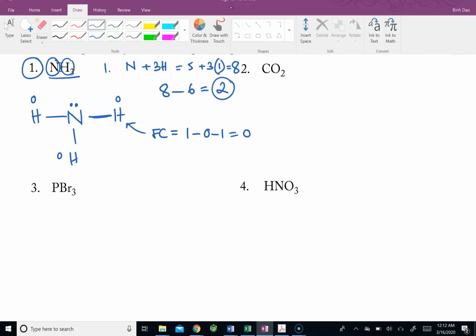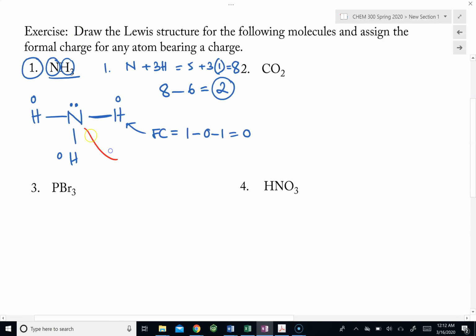As for our nitrogen, the FC equals 5 for nitrogen minus 2 lone pair electrons minus 3 bonds, which equals 0 as well, which makes sense because the overall charge of this molecule is neutral. And if we calculate all of the formal charges, they also add together to 0. So we're good for this one.